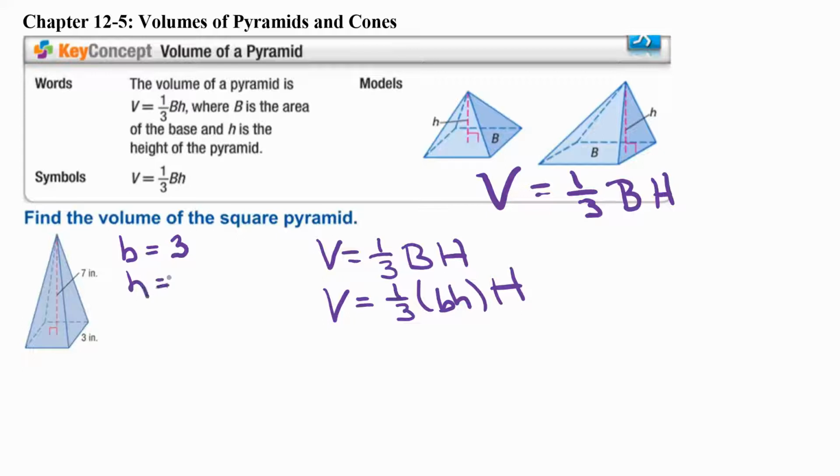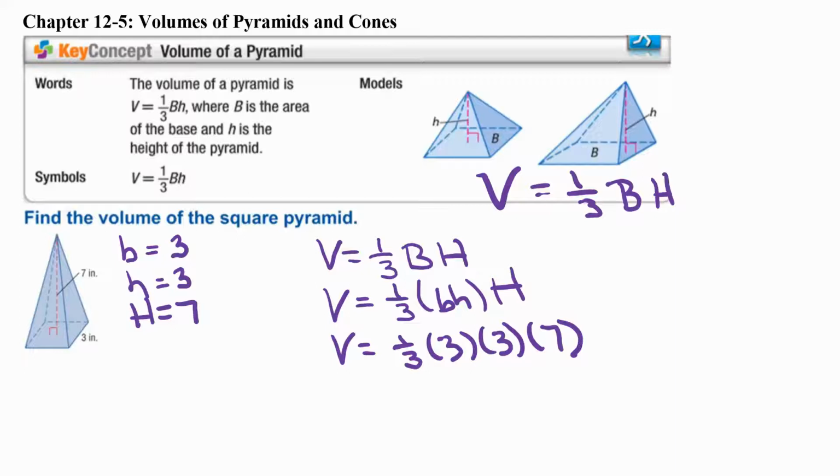The height would also be 3. And then the height of the pyramid is 7. So volume equals 1/3 times 3 times 3 times 7. 1/3 and 3 are 1. So the volume equals 21 inches cubed.